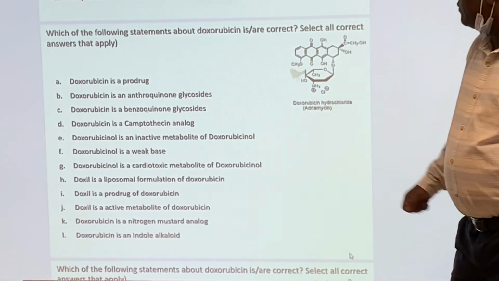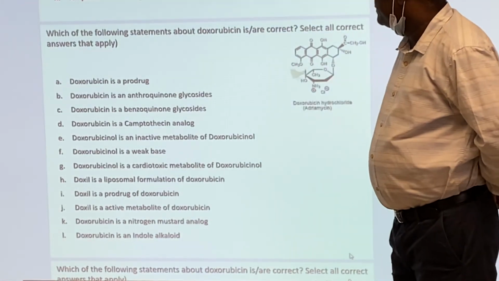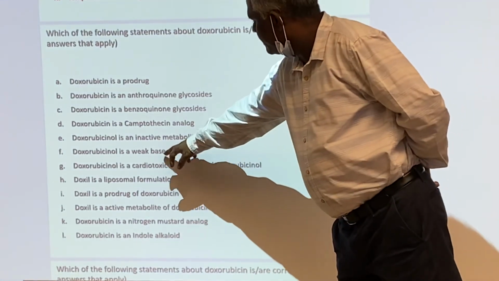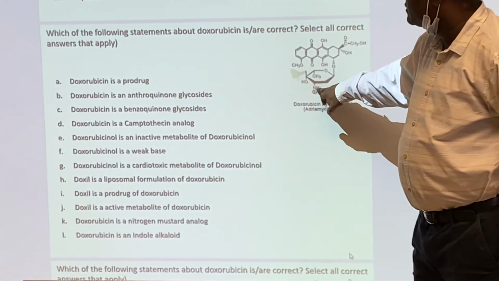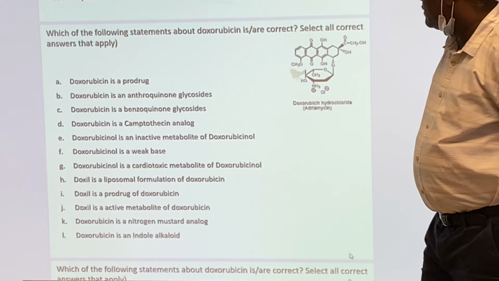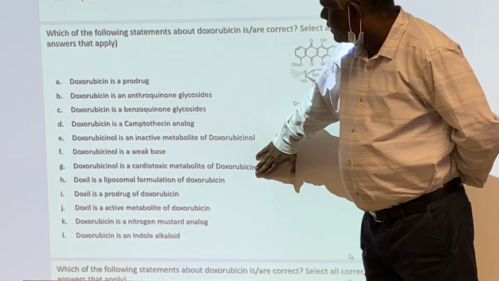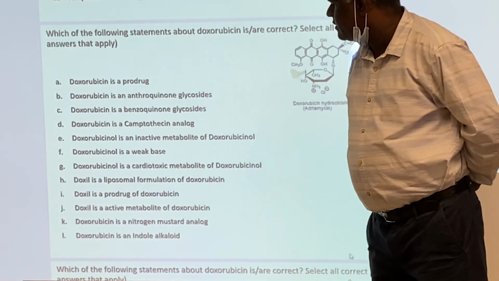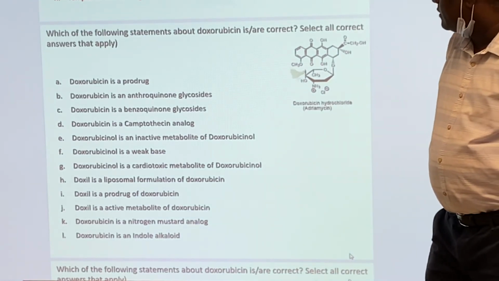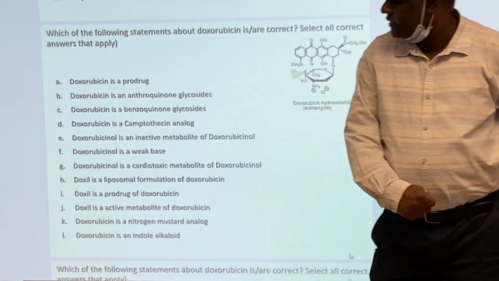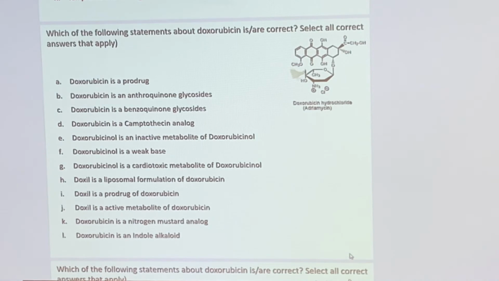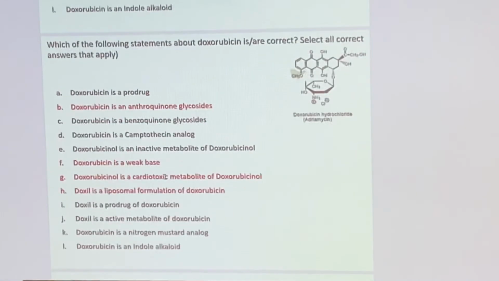It is an anthraquinone glycoside and is a weak base. There is a primary amine, it is a weak base. Doxorubicinol is the cardiotoxic metabolite of doxorubicin. And Doxil is the liposomal formulation of doxorubicin. That's the right answer. So Doxil is a liposomal formulation.